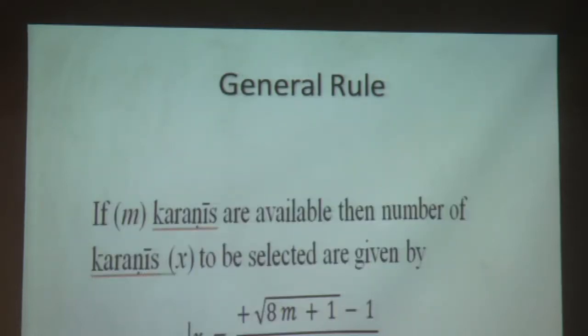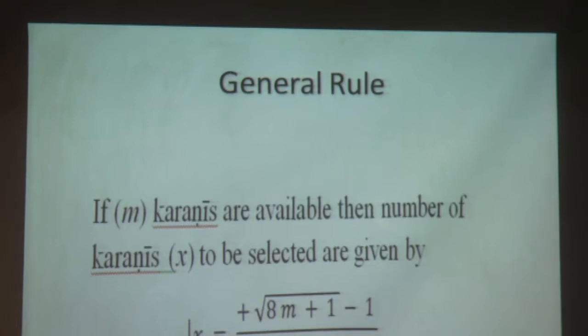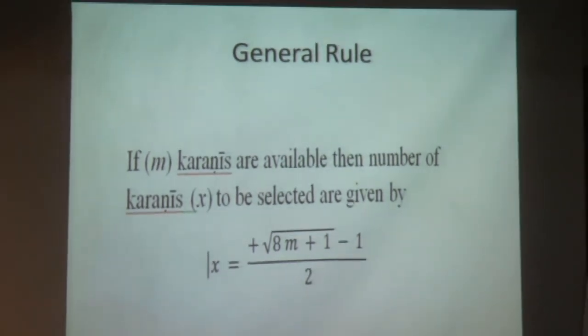Now what is the general rule for this selection? Otherwise I have to remember every time that if there are 15 terms, then I have to select 5. So instead of remembering it, one can solve a simple quadratic equation generated out of it. Again, this rule is not stated by Bhaskara. It can be deduced from what he is saying.